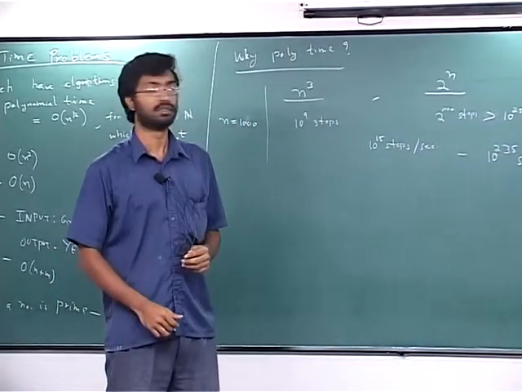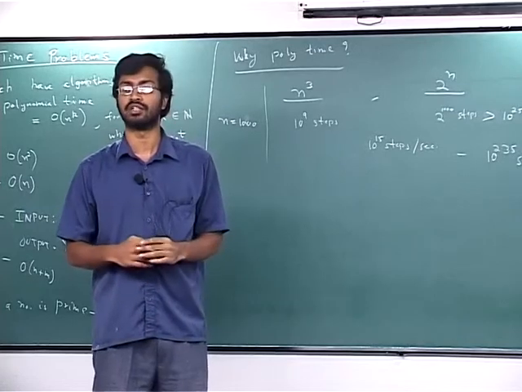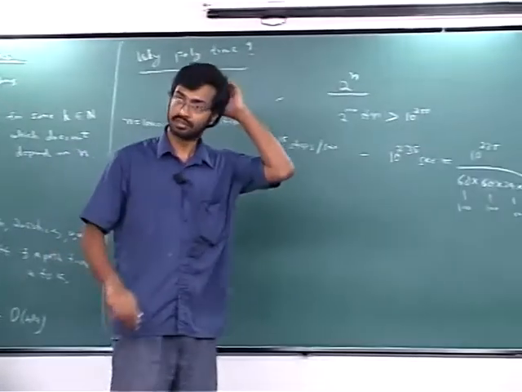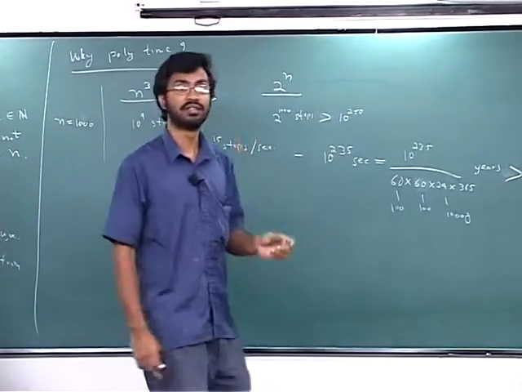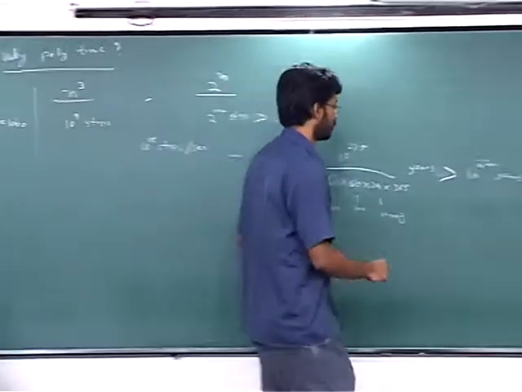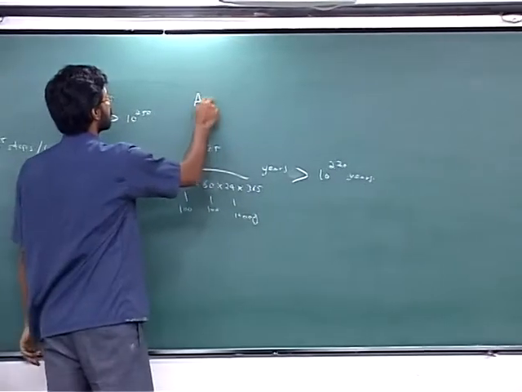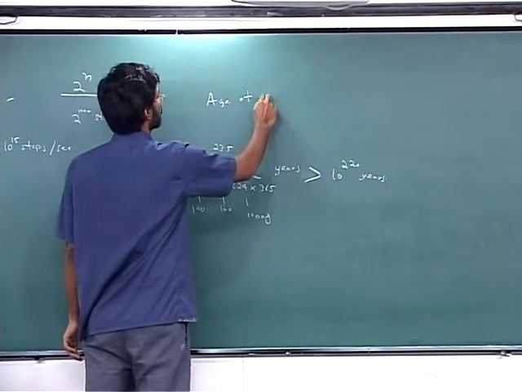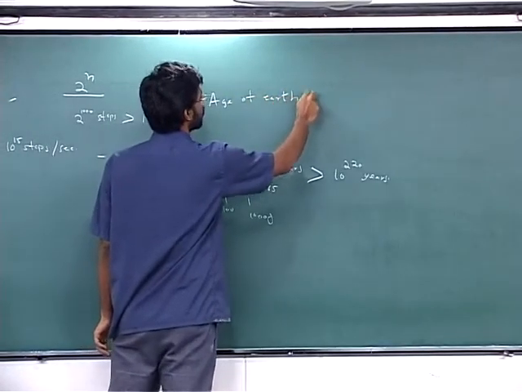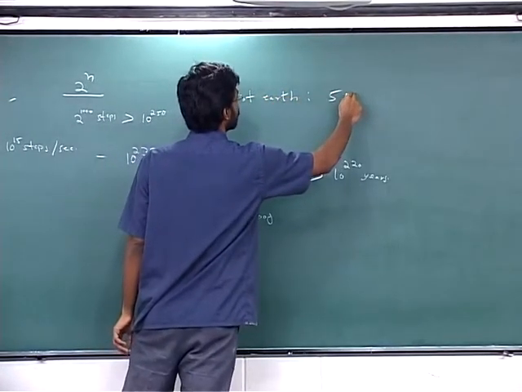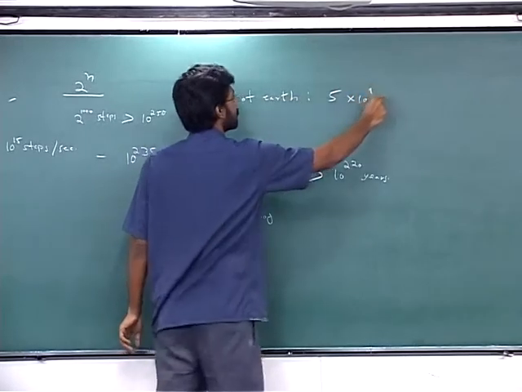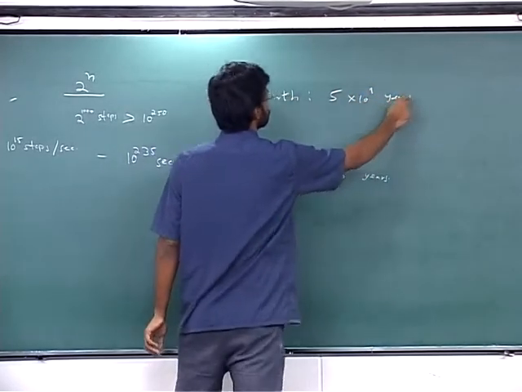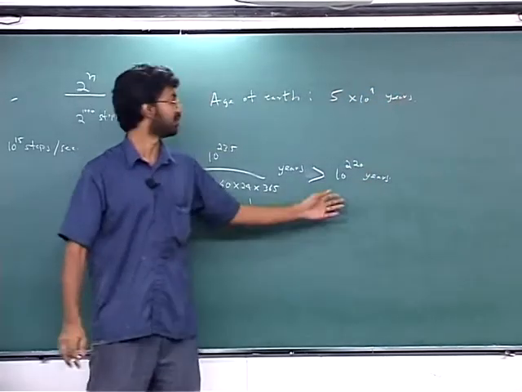And so, does anyone know the age of the Earth? Age of Earth is something like 5 into 10 raised to 9 years. So imagine the difference.